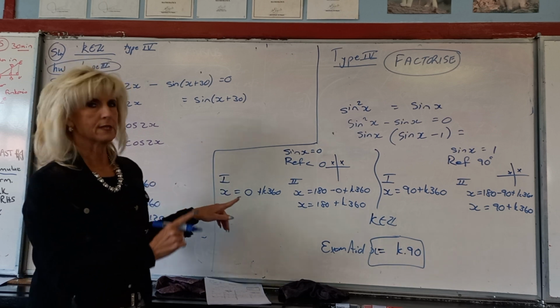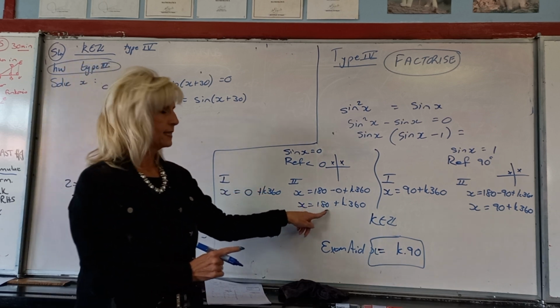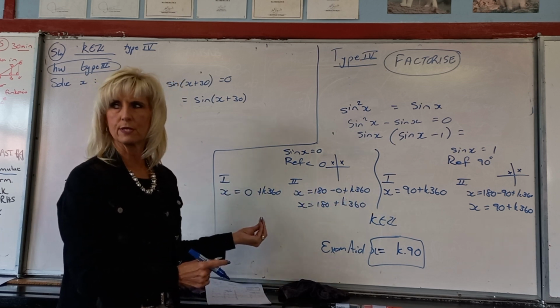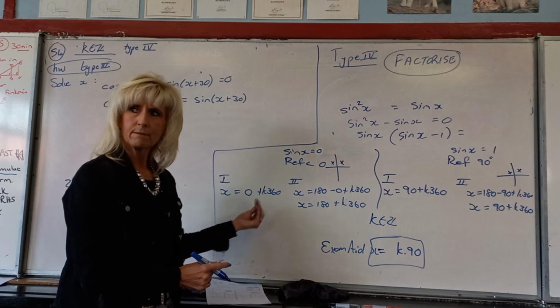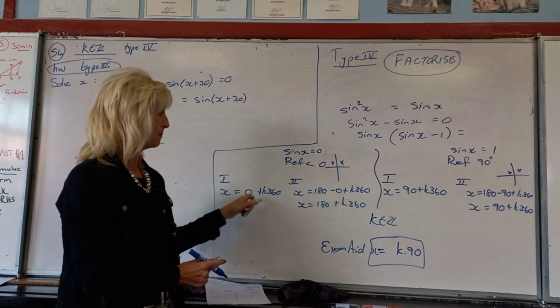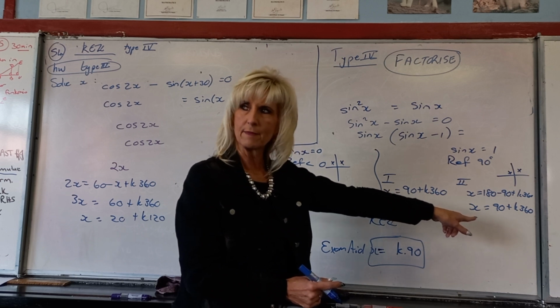But look at these answers. There's 0 and you add 360 all the time. And it's 180 and you add 360 all the time. Can't those two just be 180 plus 360 all the time? Or just 0 plus 180? Plus 180. If you plus it with 180, you're going to get there and get back here and get back there. But if you put the 90s all in the middle of them, it's going to be 90.